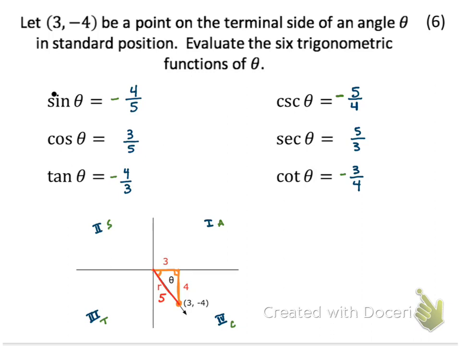Sometimes, instead of labeling this a positive 3, positive 4, because we went down 4, I will just label that side of the triangle as a negative 4 so that my fractions are naturally negative for the sine, cosecant, tangent, and cotangent when I'm solving for those trig values. But always, always, always double check that the correct trig functions are positive or negative depending on the quadrant that you're in.